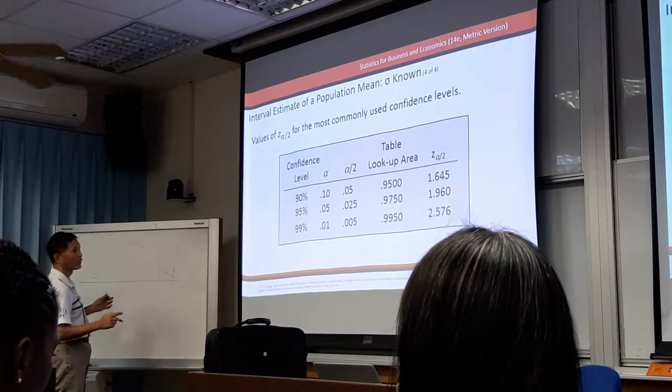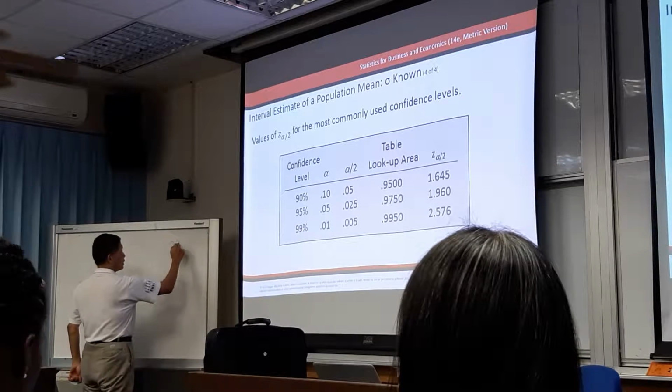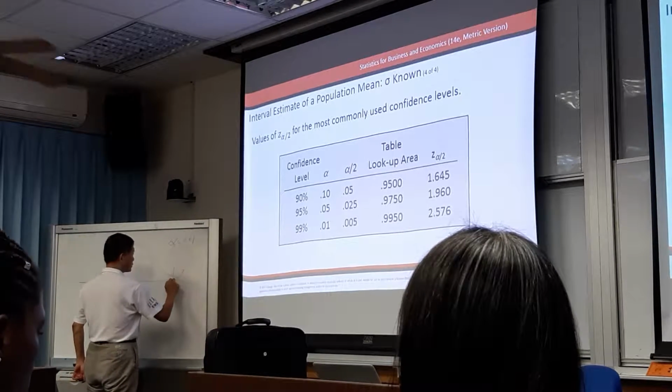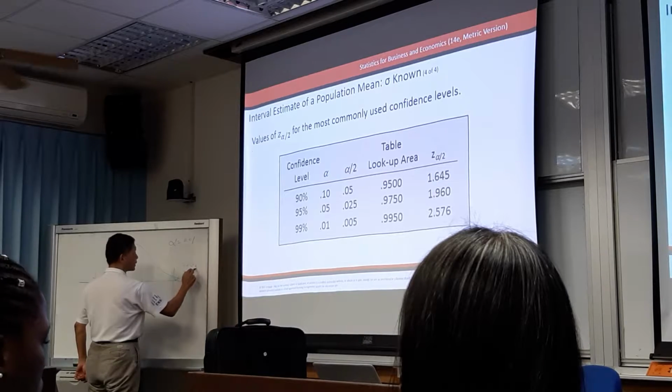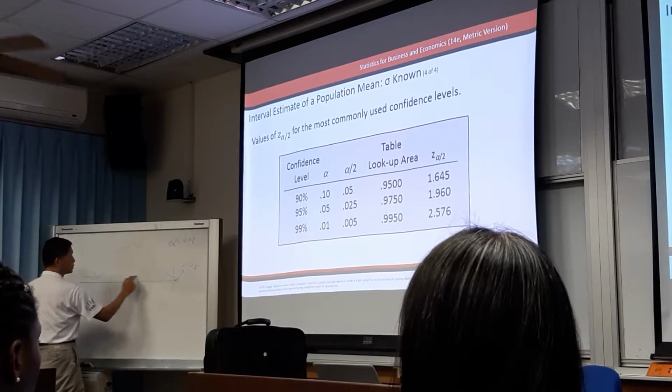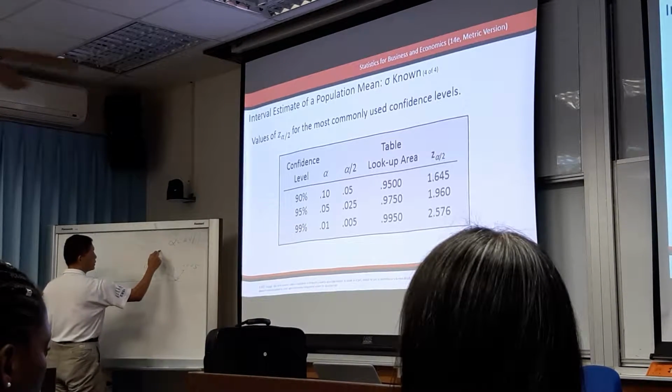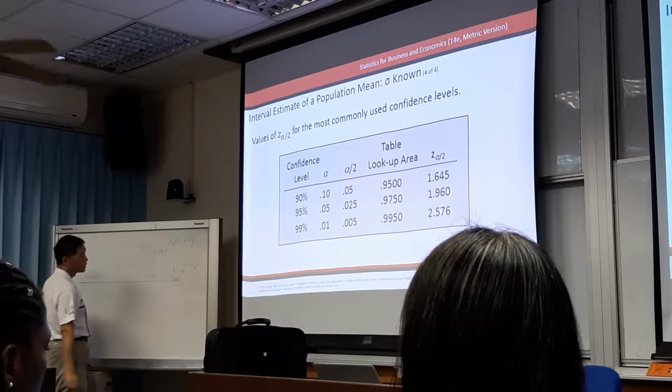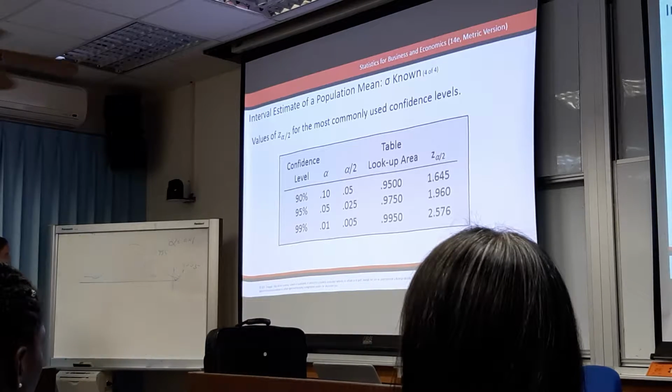If alpha is 1%, so this tail is 0.005. When you look at the table, you should look at 0.995.